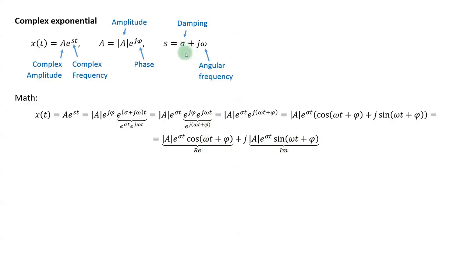This sigma will determine the damping of this cosine and sine, and this amplitude will determine the amplitude of this cosine and sine, and last, this phase will determine the phase of this cosine and sine. So the complex exponential hides cosine and sine in its real and imaginary part, and the complex amplitude and the complex frequency determine the parameters of this cosine and sine.